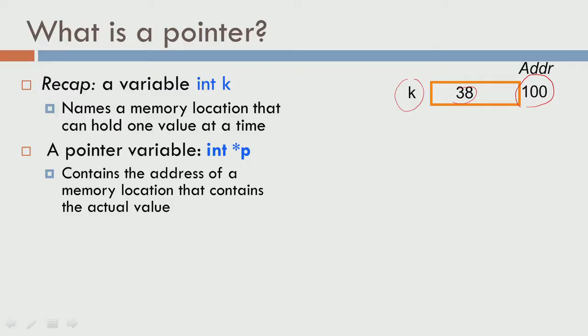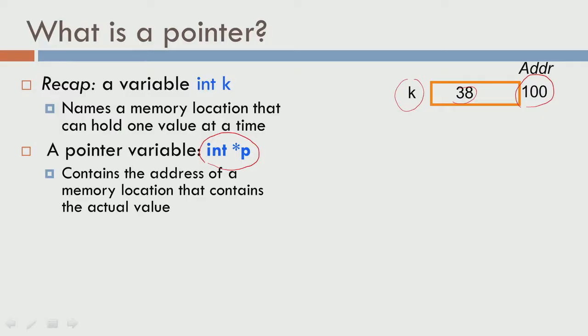Now, what is a pointer? A pointer is essentially a variable, and in this example we have int star p. The key thing to note here is this thing called star. It is not int p, it is int star p.